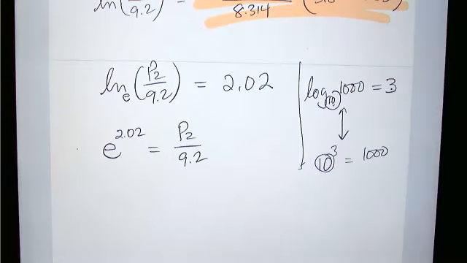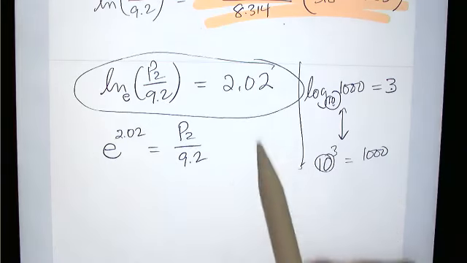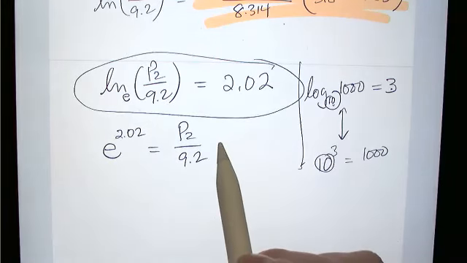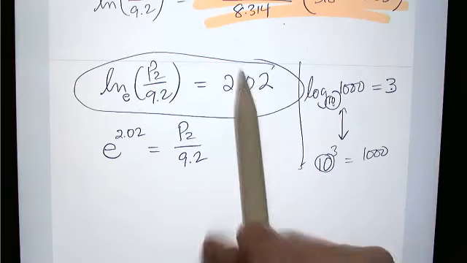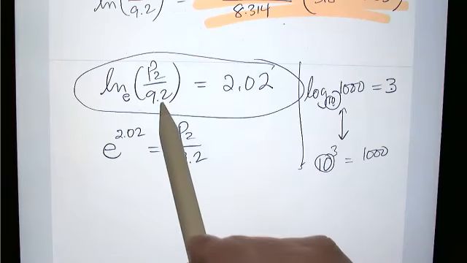Now I can just multiply both sides by 9.2. How come I couldn't multiply by 9.2 a minute ago, but now I can? Why could I not multiply by 9.2 here? Anybody? The 9.2 here is in the logarithm, right?